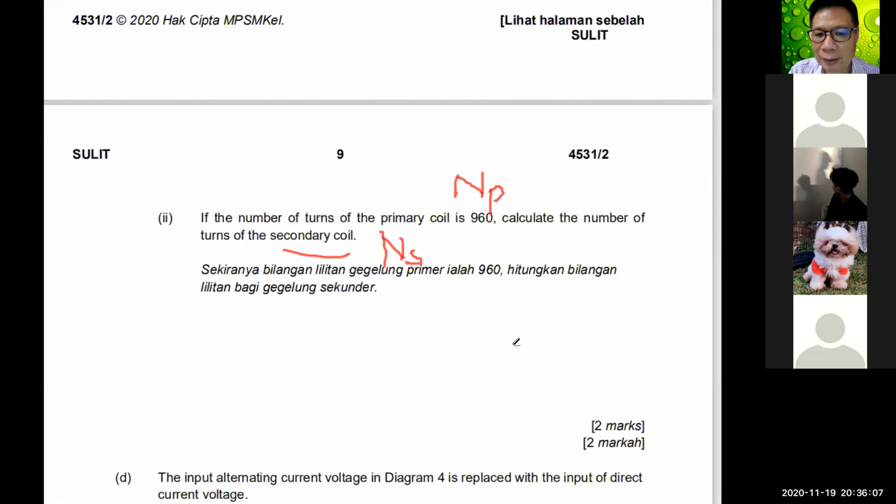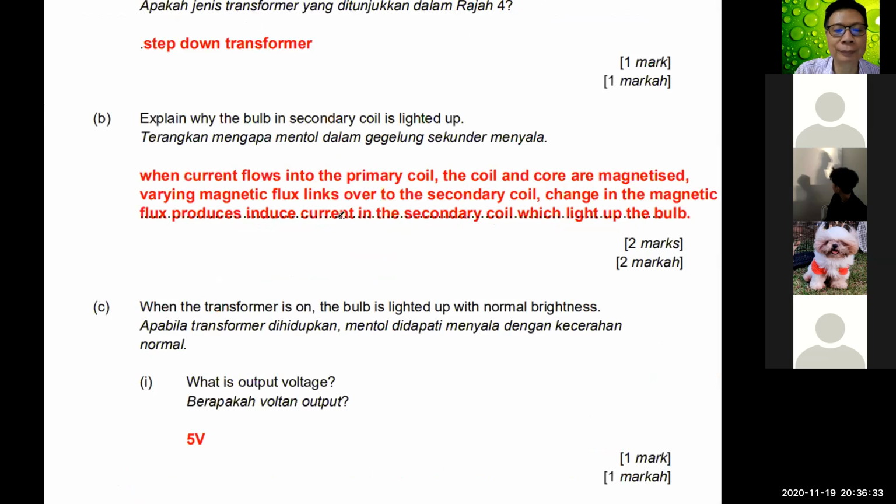NP over VP equals NS over VS. Yes. NP over VP equals NS over VS. Yes, can. There are so many ways you write the formula, but Emily says correct. NP over VP equals NS over VS. Or you can write something like this.